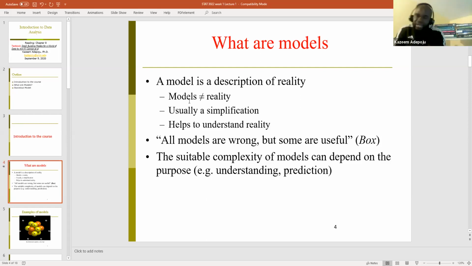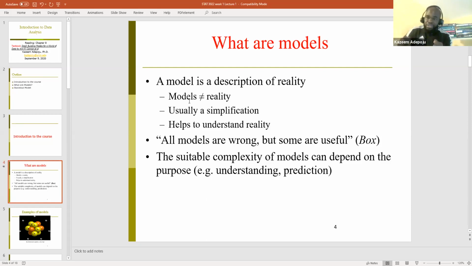And if a model is not the same as reality, then it means we don't have perfect control of the world. And that is the reason right now we have a pandemic in the world. You can see that most of the countries in the world are still battling with this pandemic.